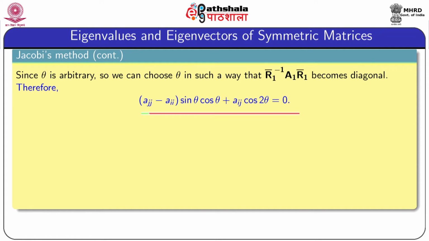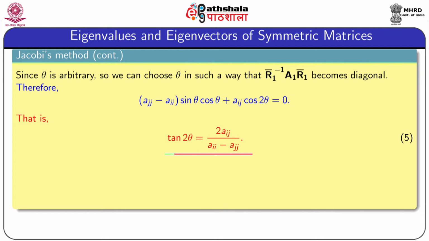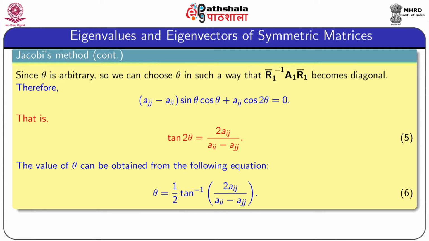Therefore, (ajj minus aii) into sin theta cos theta plus aij into cos 2 theta equals 0. From this equation we get tan 2 theta equal to 2aij by (aii minus ajj), or this equation can also be written as theta equal to half of tan inverse of 2aij by (aii minus ajj). That means equation 5 or equation 6 gives the value of theta, that is, the rotational angle theta.